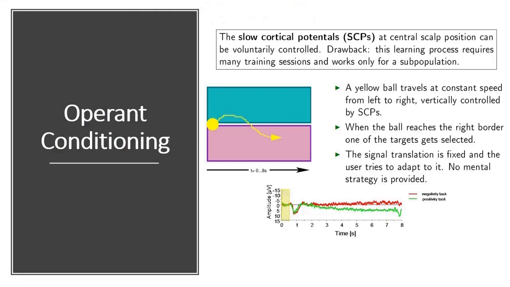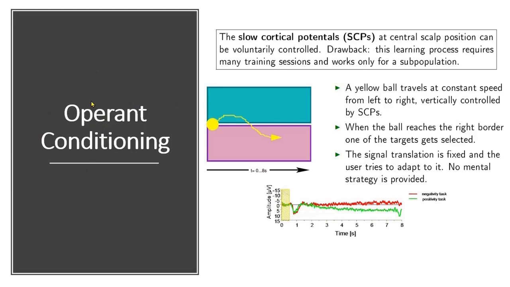So let's take a look at one of the examples of endogenous experimental paradigm. In endogenous, we said the subjects can generate brain signals independent of external stimuli, and they are considered an induced response. One of the earlier examples of BCI, brain-machine interface or brain-computer interface, depended on the so-called operant conditioning paradigm.